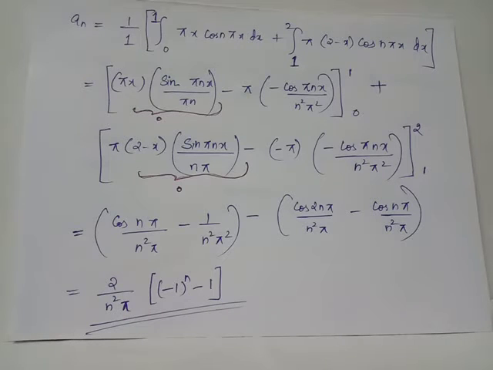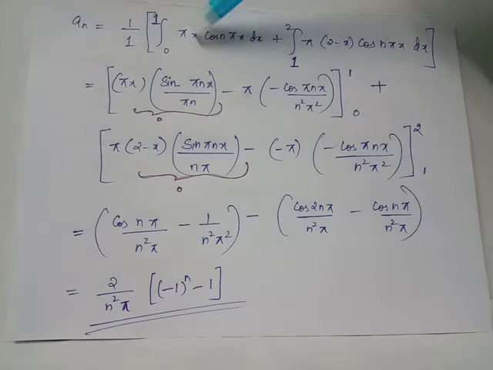A n can be evaluated using the formula 1 by L times integral 0 to 1 f of x cos pi n x dx plus integral 1 to 2 f of x cos pi n x dx, where f of x equals pi x in the range 0 to 1 and f of x equals pi times 2 minus x in the range 1 to 2. We will integrate both the integrals using integration by parts.